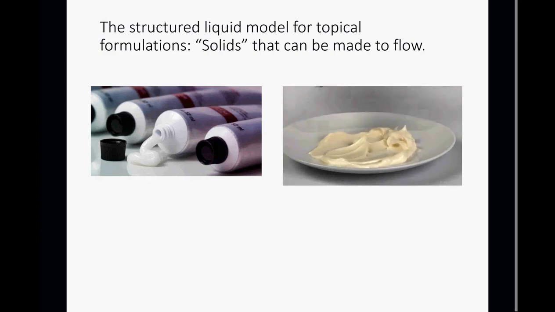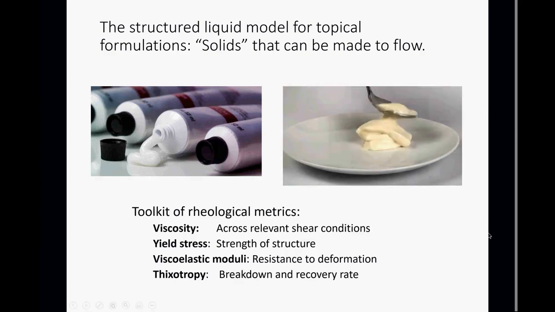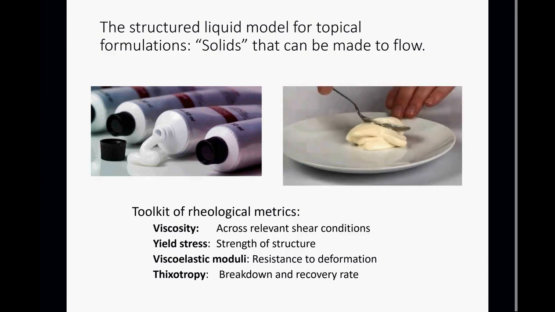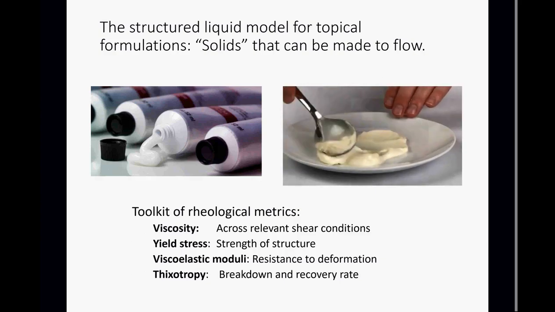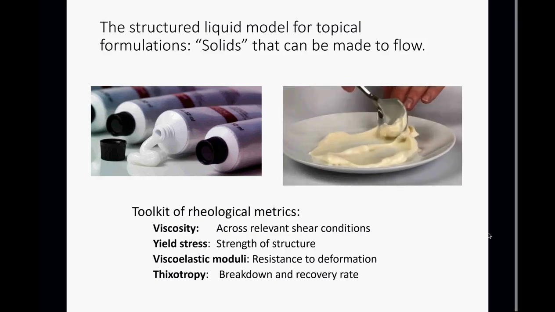So we know then that we've got a number of properties that we need to capture and quantify to accurately describe these materials. When the product is in its liquid-like behavior, viscosity is a relevant metric there, and viscosity across relevant conditions.